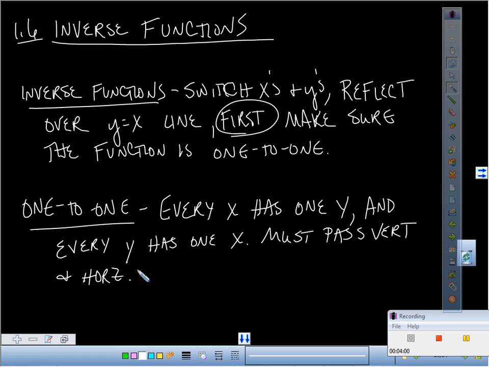When they say find this function's inverse, I put it in my calculator and make sure it's 1-to-1. If it's not 1-to-1, the answer is easy: it doesn't have an inverse function. So first, I make sure it passes the vertical and horizontal line test.